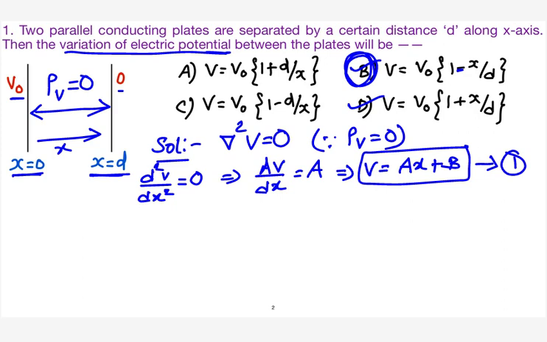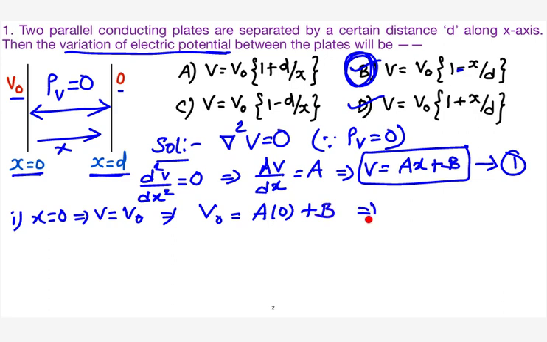You can obtain the constants a and b by substituting the boundary conditions. So what is the first condition? At x equal to 0, the potential is equal to V naught. So V equal to V naught is equal to a into 0 plus b, which means the constant b is V naught.